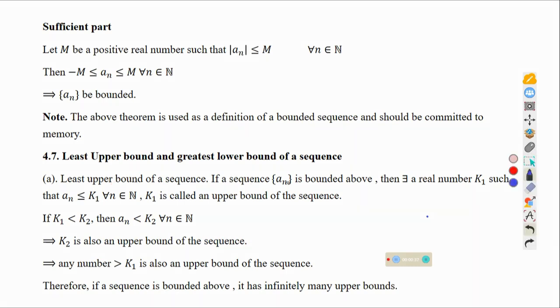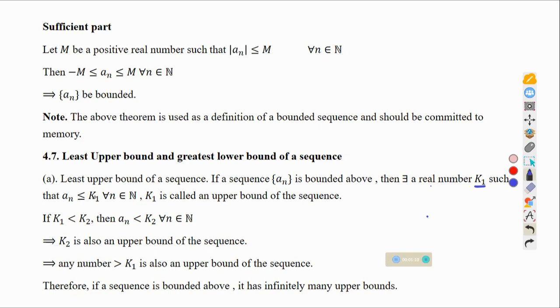We shall say that if a sequence a_n is bounded above, as we previously saw in our last lecture, then there exists a real number, for example k1, such that the terms of the sequence are less than or equal to k1. That must apply for all the terms.